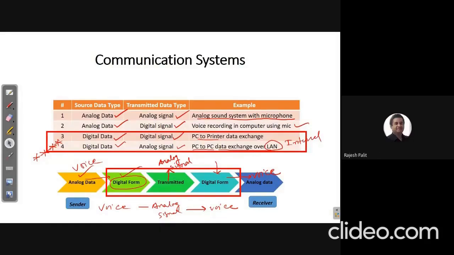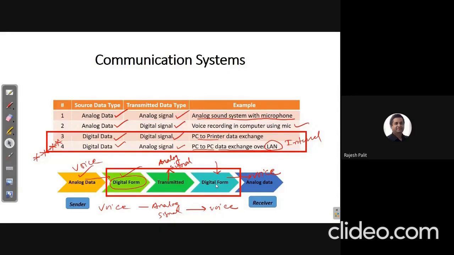So for digital data, detecting fewer levels is easier for the communication system, because the levels are discrete and limited, and it is convenient for the system to differentiate among the levels.